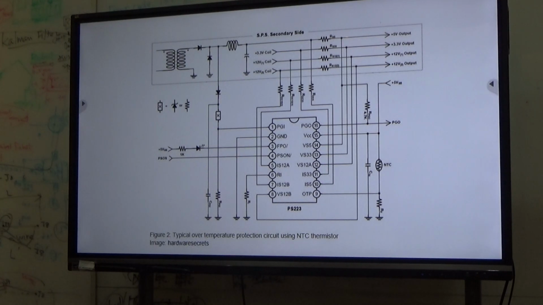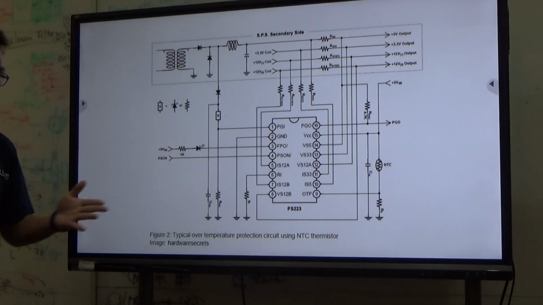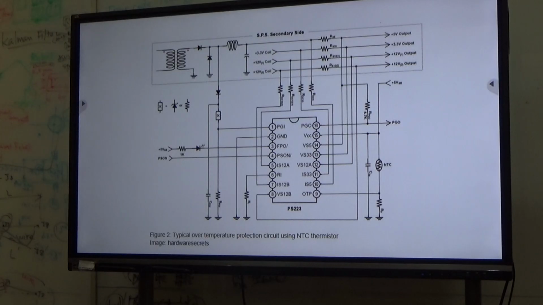Because the over temperature protection is trying to protect your circuit, when the temperature reaches the OTP point, for example, if we set 85 degrees C and the component is very, very hot, higher than 85 degrees C, you need to shut down your power supply.